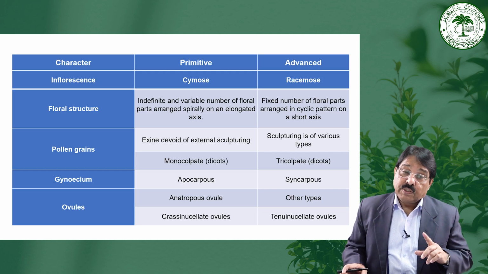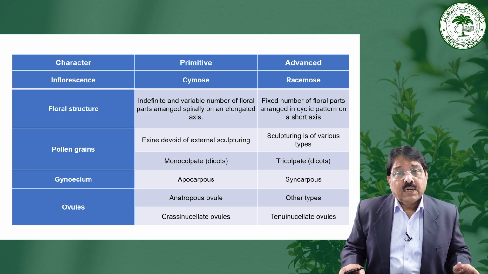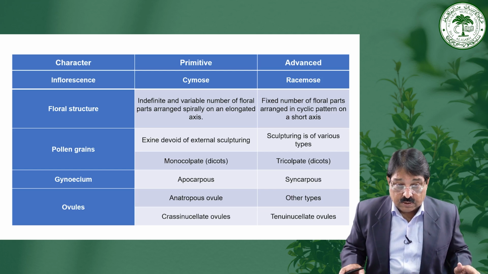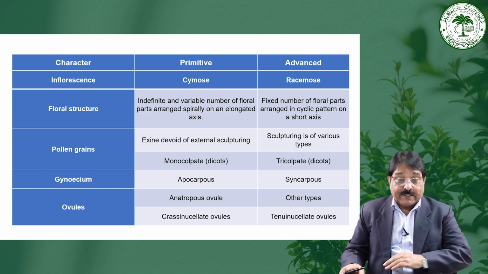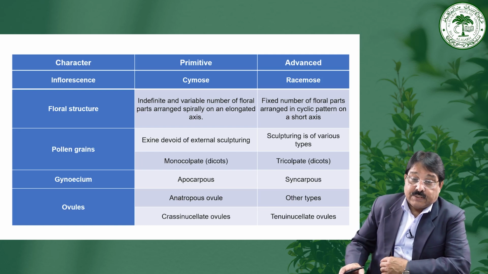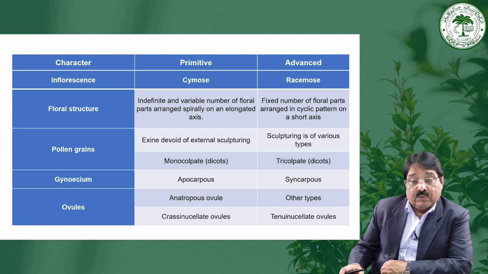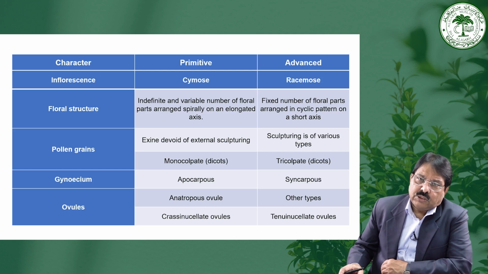So that's why Bentham and Hooker placed the Ranunculaceae, where the apocarpous condition is found, at the start of the system. So he also considered apocarpous the primitive character. Similarly, Takhtajan also considered the apocarpous as more primitive than the syncarpous. If we go through the Hutchinson system of classification, there are 24 phyletic dicta or morphological indicators.